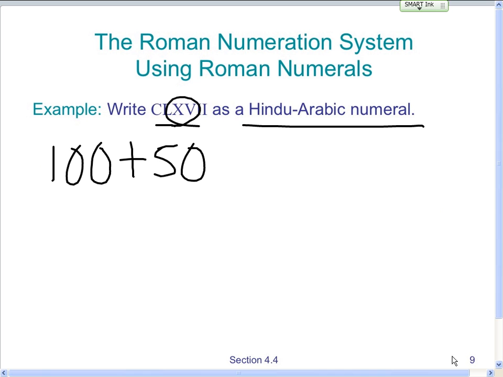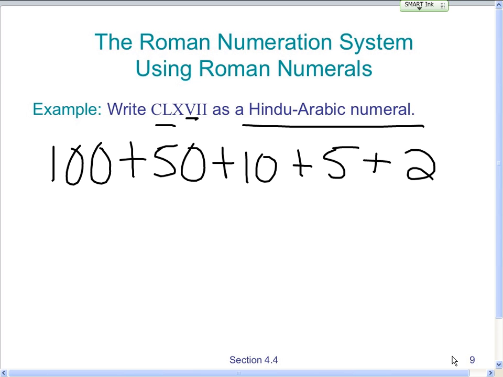The X is smaller than the L, so you're going to add the X, which is 10. The V is smaller than the X, add the 5, and the I's are going to be added. So what is that total? 100 plus 50 plus 10 is 160, 7 should be this number as a regular Hindu-Arabic number.